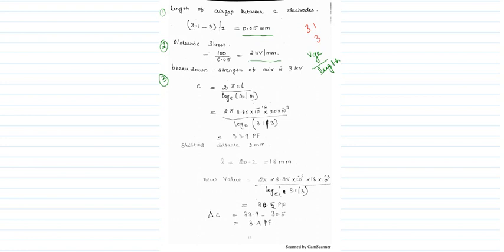Now we go to the formula, C equals 2 pi epsilon L divided by log of d2 by d1. So 2 pi into the dielectric constant 8.85 into 10 power minus 12, since it is air, into 20 into 10 power minus 3, where 20 mm is the length of the electrode L, divided by log of d2 by d1, where d2 is 3.1 and d1 is 3.